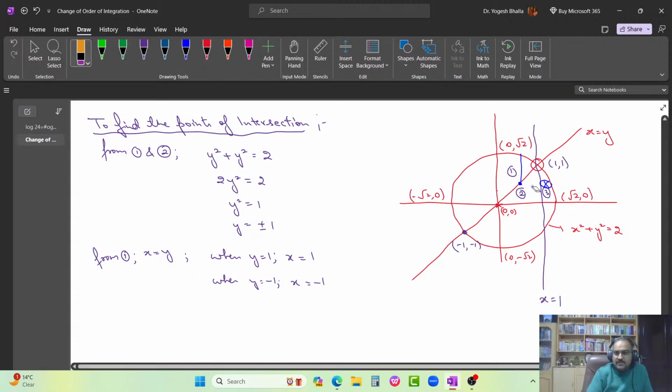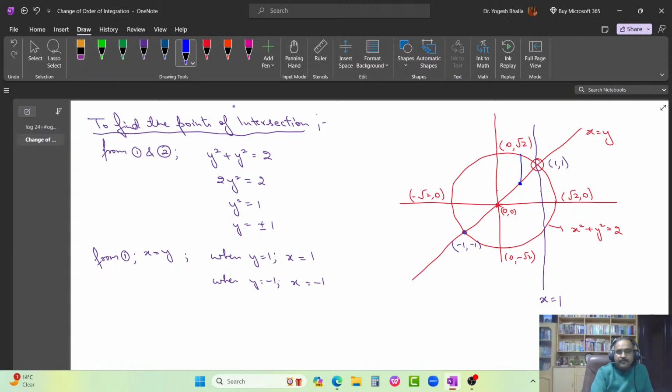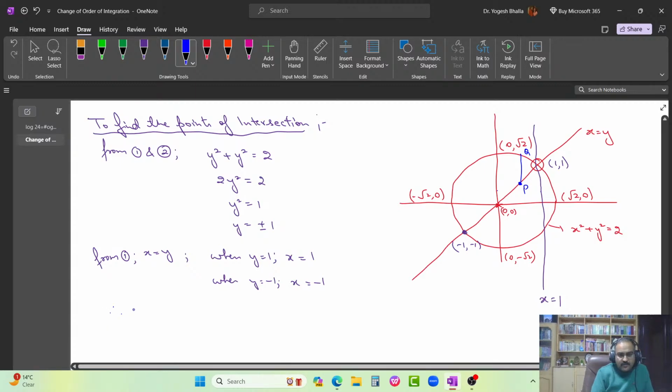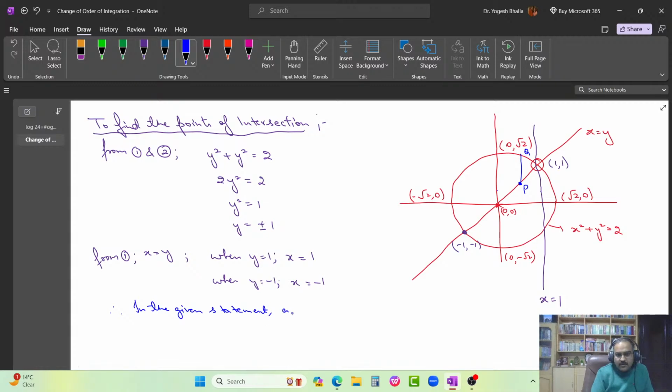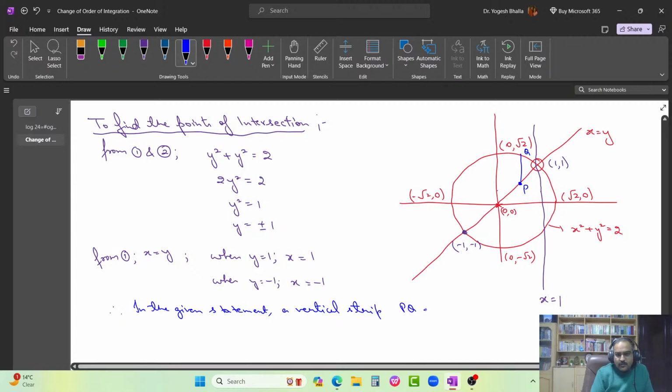Let this be point P, and this is our point Q. Till this step, I think everything is clear. So in the given statement, a vertical strip PQ has been taken.